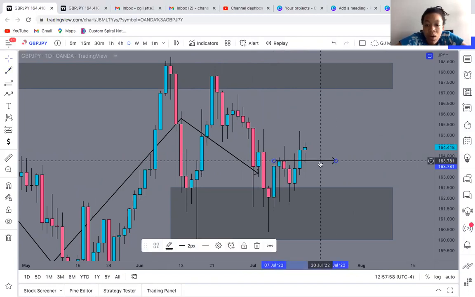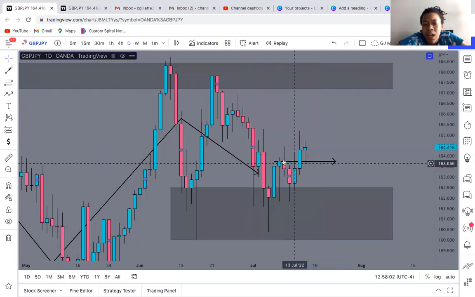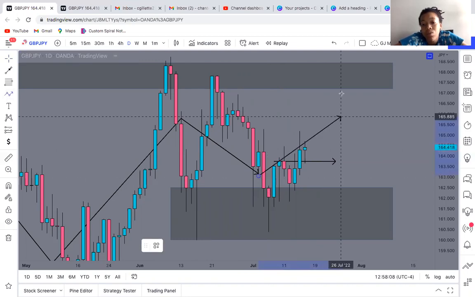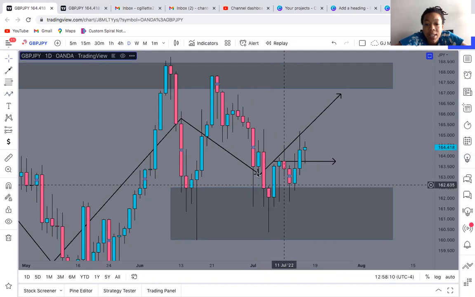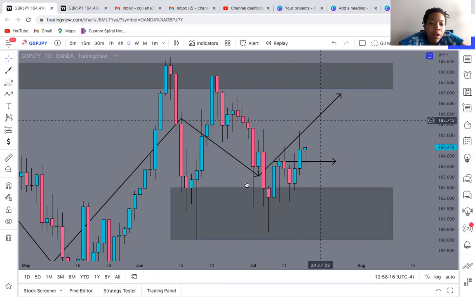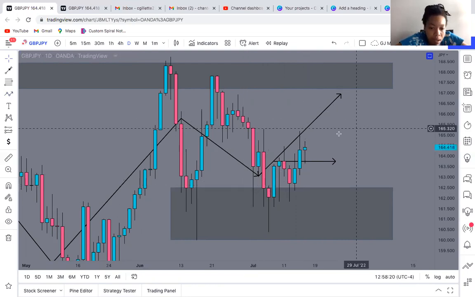When we see price break a previous high, it tells me that price appears to be looking to reverse and make the next leg of this uptrend, which would be from a low to a high, or price looking to create a new high.